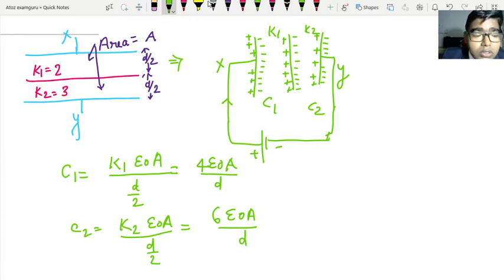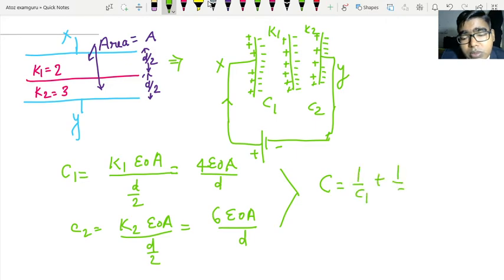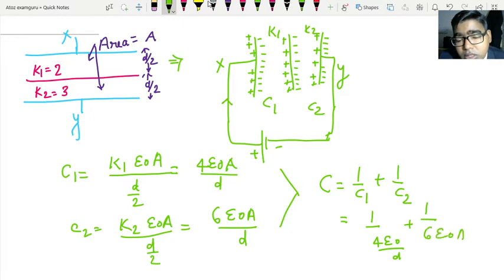So since these two are a series combination, 1 by C equals 1 by C1 plus 1 by C2, and you can write it simply as 1 upon 4 epsilon naught A by d plus 1 upon 6 epsilon naught A by d.